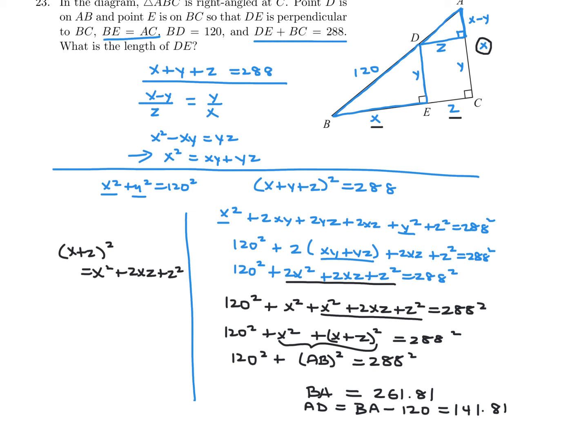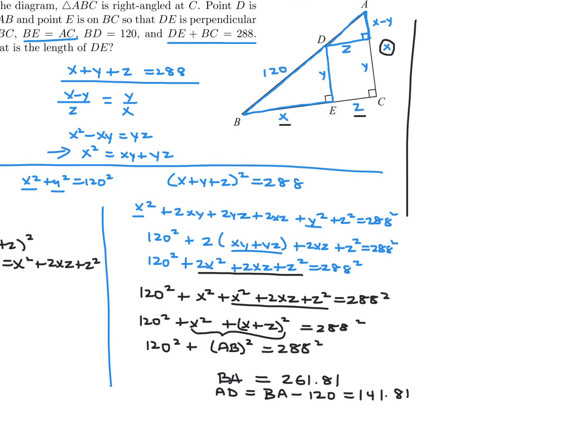So now finally we go back to this similar triangle situation. That x over y is the same as BA over BD. Now you say, well, why is that? Using similar triangles.